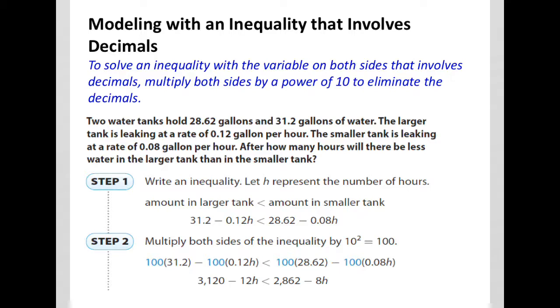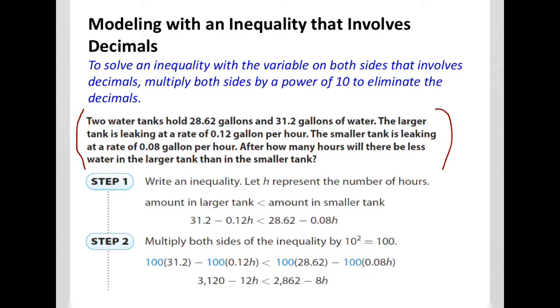Let's go ahead and jump into what the author is telling us for our example. Two water tanks hold 28.62, or 28 and 62 hundredths, gallons, and the other tank holds 31 and 2/10 gallons of water.